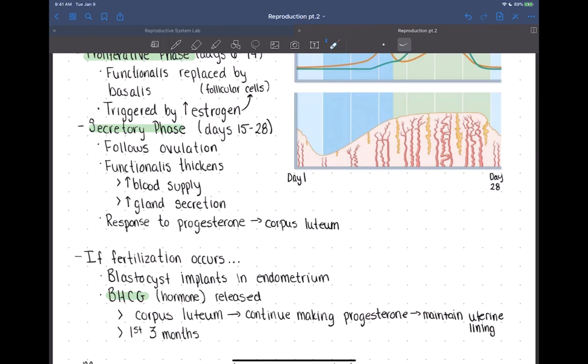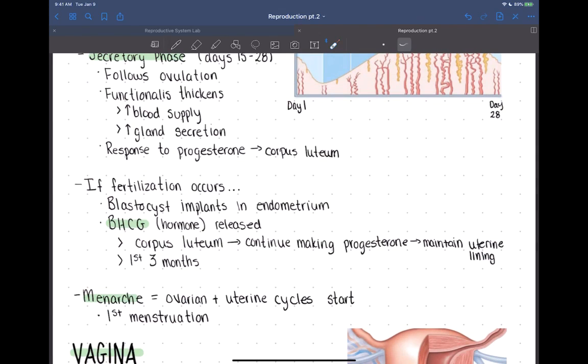So since fertilization has occurred and the blastocyst has implanted, we don't want to go through that menstrual phase and shed that uterine lining. And so that's why beta-HCG tells the corpus luteum to keep making progesterone.